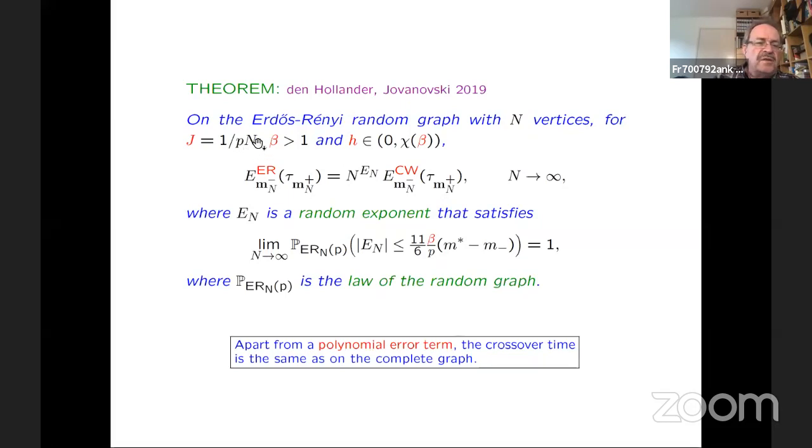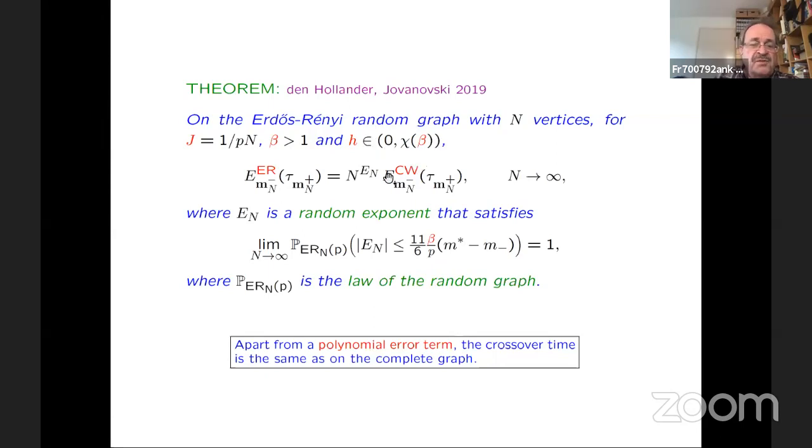So the right normalization should now be 1 over Pn, and not 1 over n. We're going to stick to beta being supercritical, the same as for the complete graph. And again, H should not be too big because this represents a metastable regime.